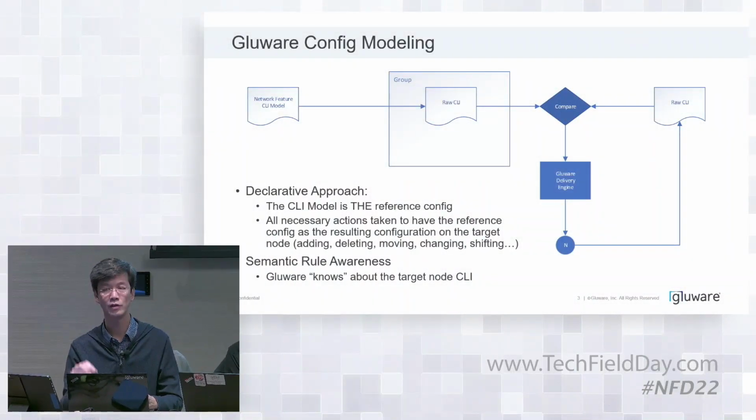One thing I want to add for this compare engine: the reason why we're able to manipulate this configuration is because Gluware has a very fine understanding of the target CLI. When we onboard a vendor, we're trying to capture all the aspects of the syntax and the semantics of that CLI. And I can tell you that sometimes it's extremely challenging because it's a world of inconsistency.